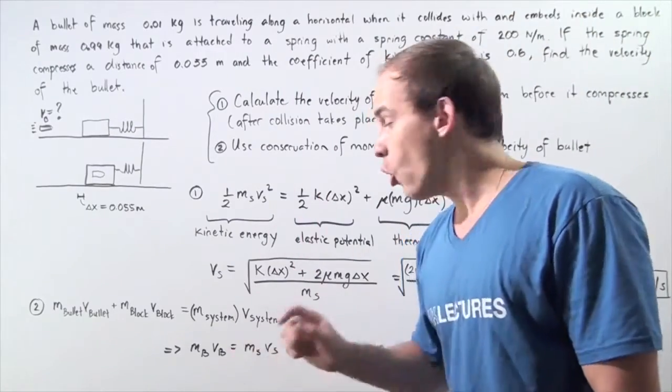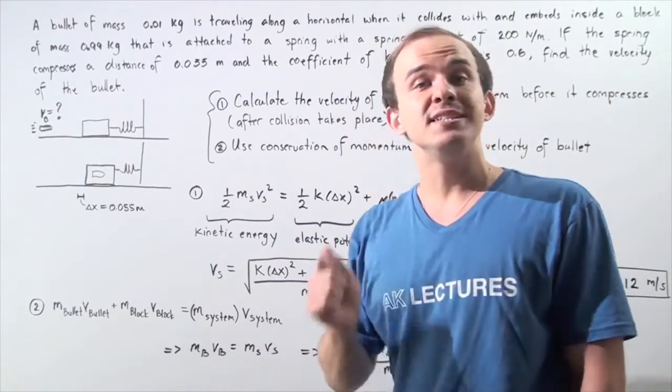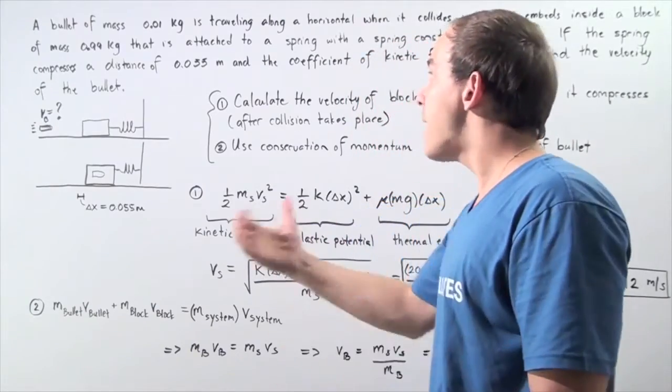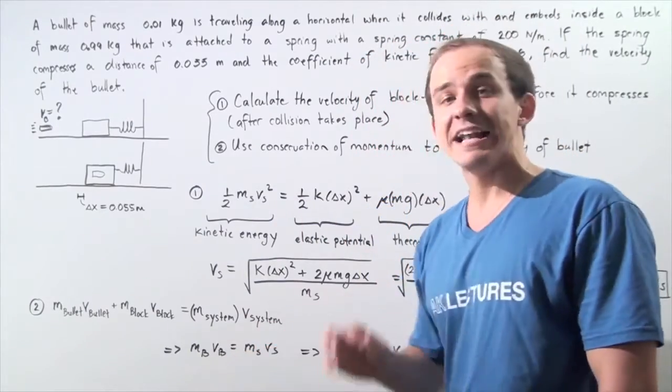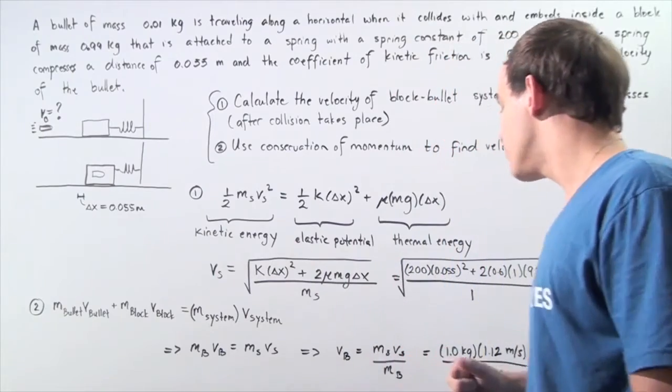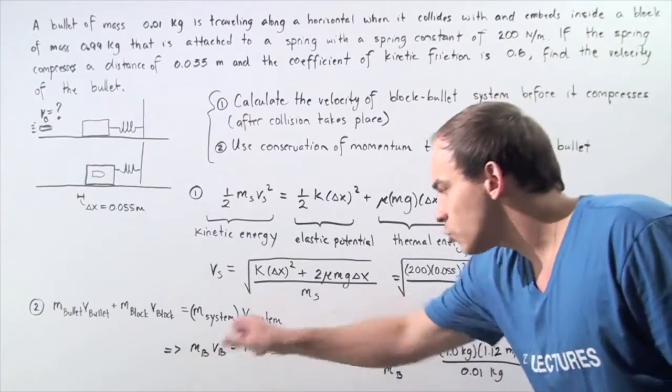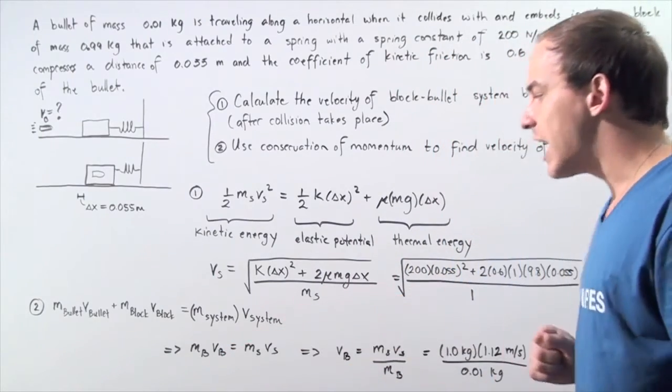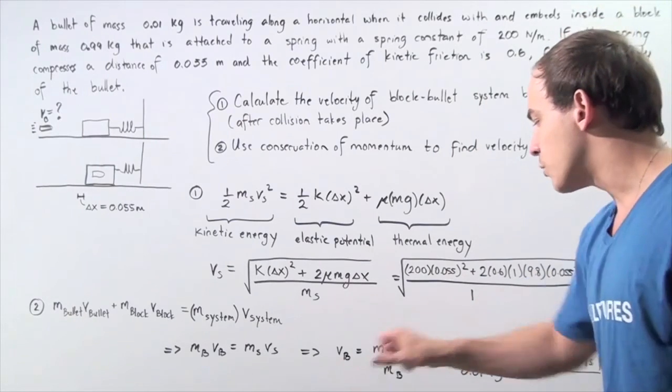Now we know what mB is. It's simply 0.01, the mass of the bullet, and we want to find vB, the velocity of the bullet. So we rearrange our equation, divide both sides by mB, and we get the following result.